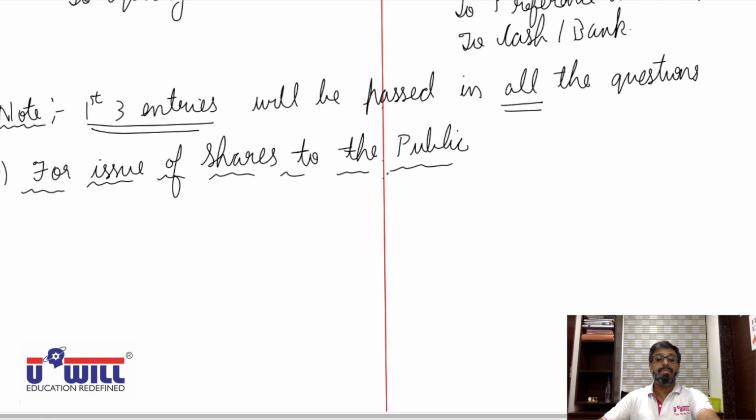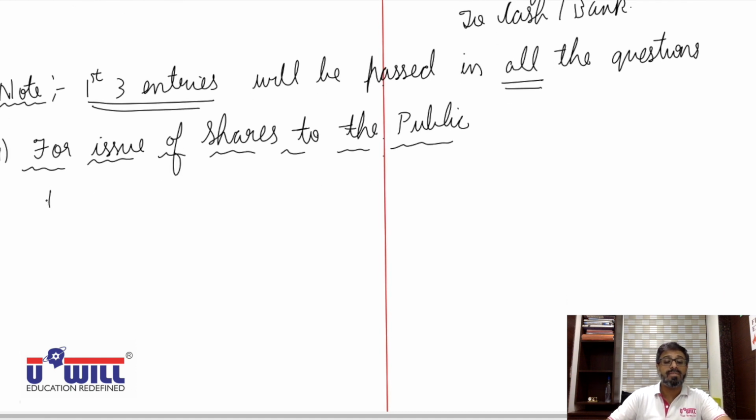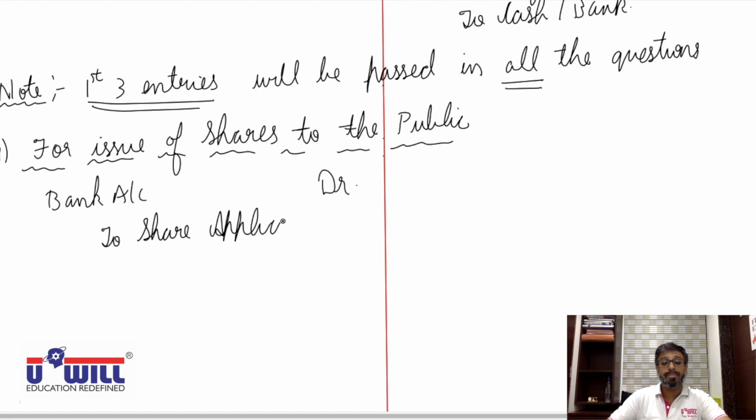So new shares may be issued to the public also. Two entries will come here because we collect the entire money in one go. Bank is the receiver, so bank account debit to share application and allotment account, since we collect the entire money in one go, lump sum.